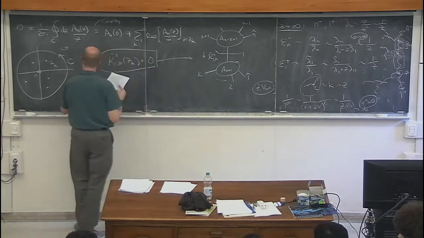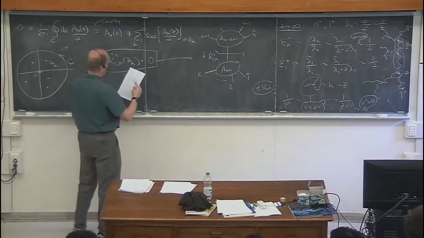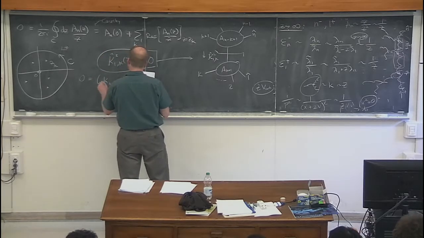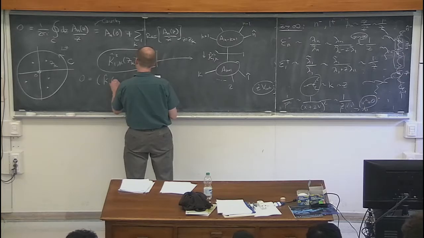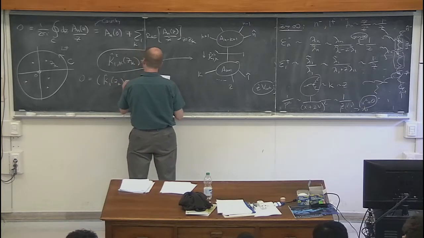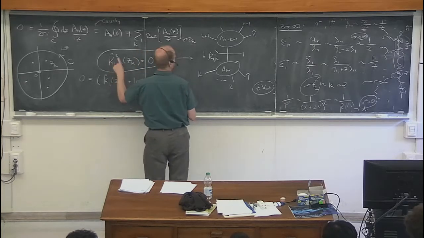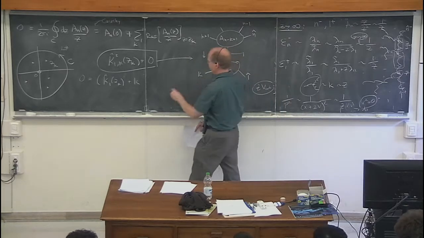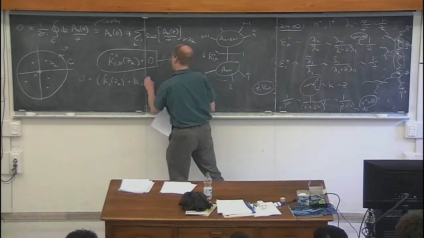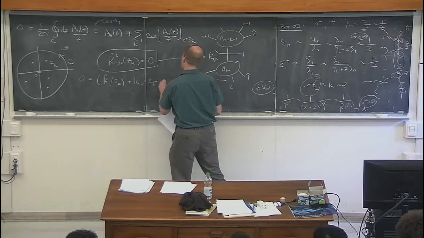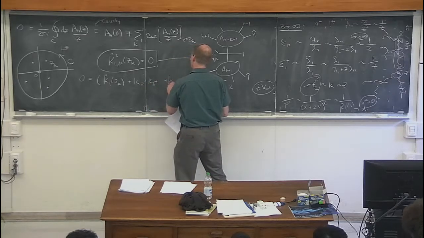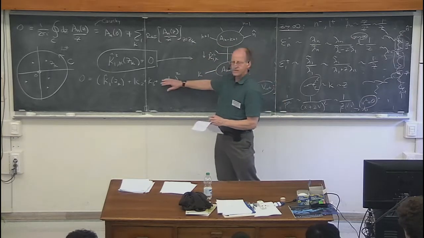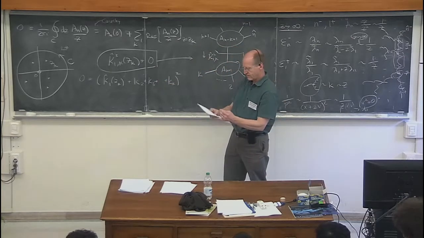So 0 is, we're shifting k1 to the point z_k, but the definition of this k_1k is that it has all these other guys added to it. You have to add k2 all the way up to, so we have to solve this equation for z_k.